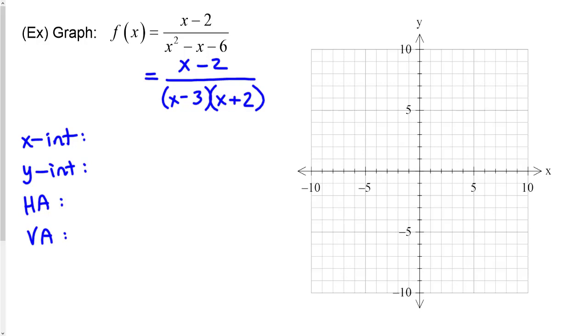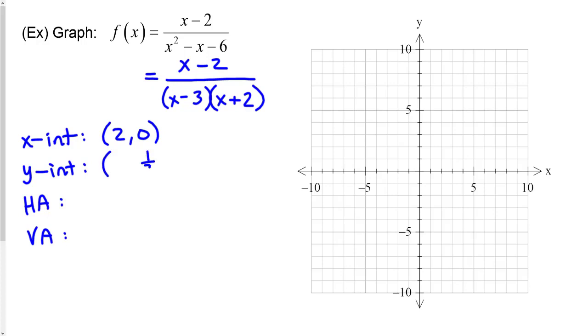For instance, x-intercepts occur where the numerator is 0. In this case, that would be at +2, but express it as a coordinate pair. So I have an x-intercept at (2, 0). The y-intercept is going to be the ratio of the constants. My constants are -2 and -6.